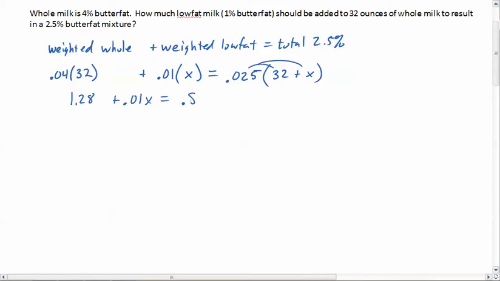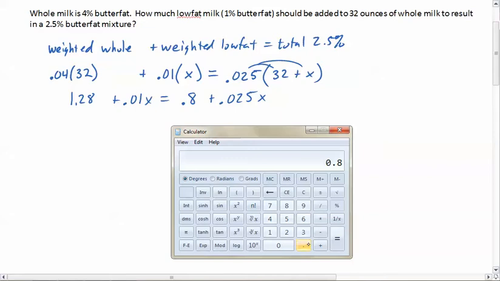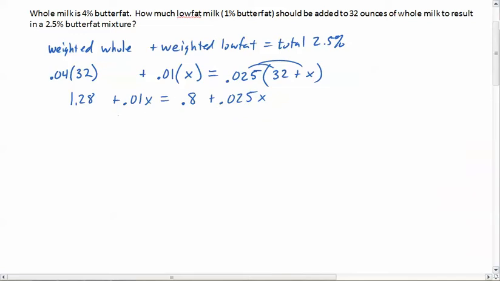so 0.8 plus 0.025x. All right, just double checking. So now we need to move everything, so we're going to go minus 0.01x.